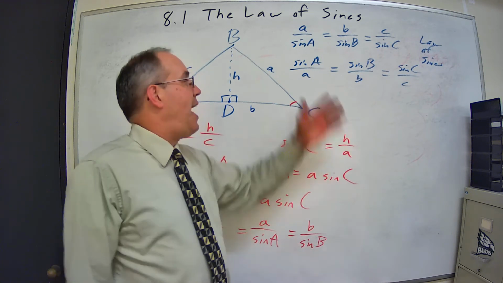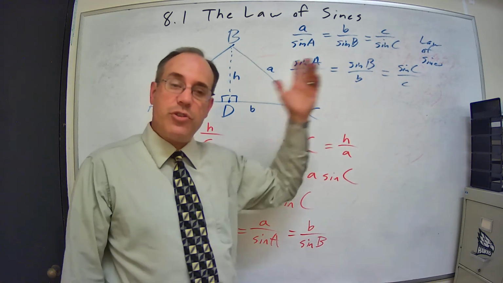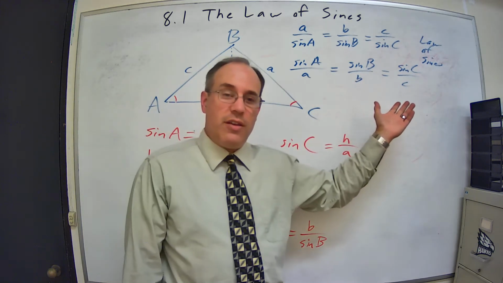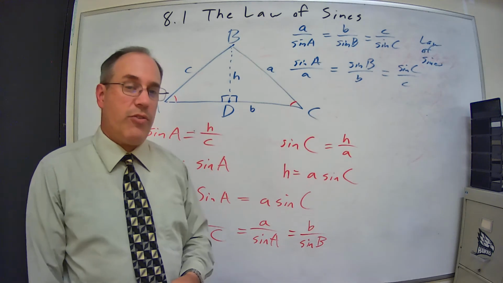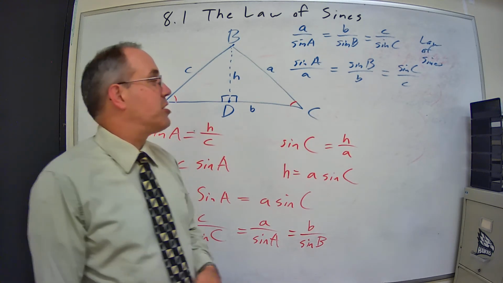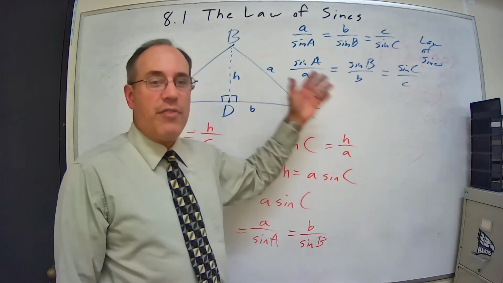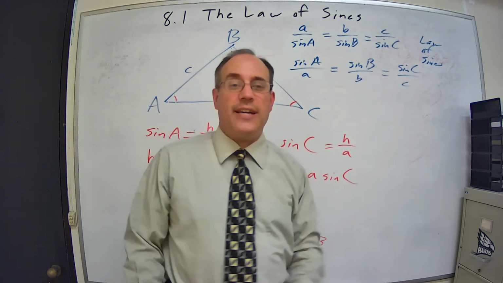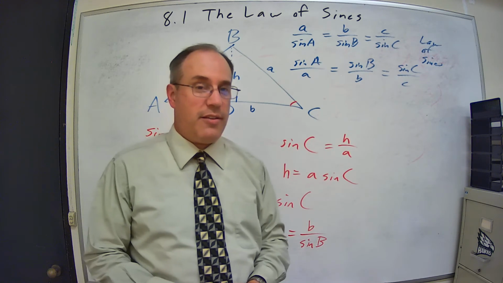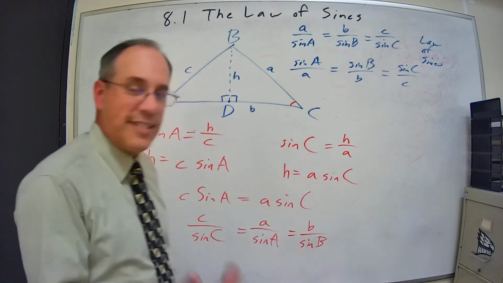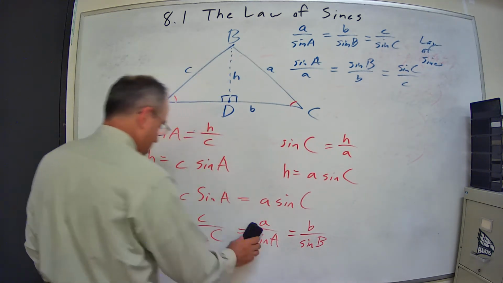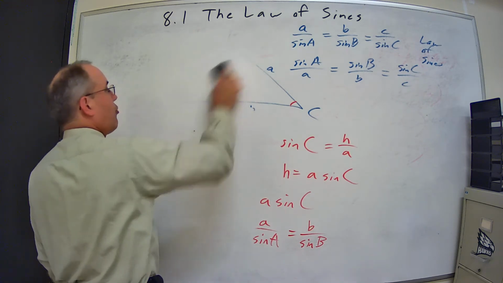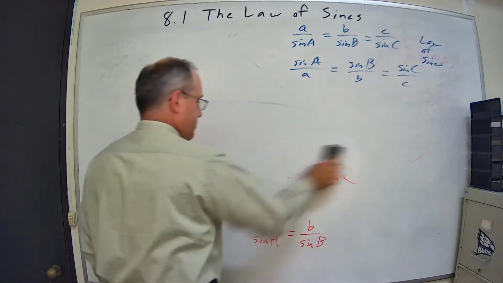And once we do that, we have guaranteed that we have two angles, which means we can find the third angle by using the sum of interior angles. And then since we have that, and we have an angle and the side opposite it, we can use that to find the other side. Now I know that sounded like a lot, so let's build a triangle with some information and go through using the law of sines.